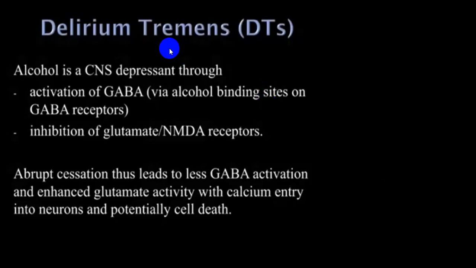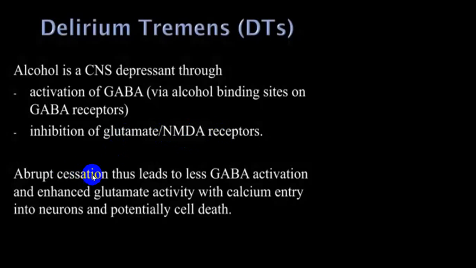There is another condition we call delirium tremens, which is very frequent after withdrawal of alcohol. Alcohol is a CNS depressant because it activates GABA, and once it is withdrawn, there is an inhibition of glutamate and NMDA receptor.